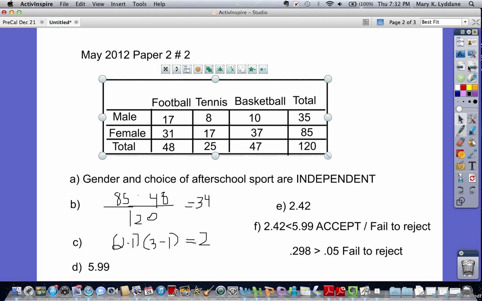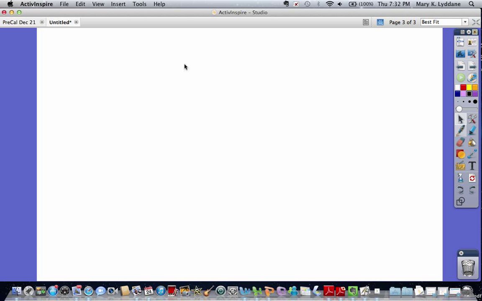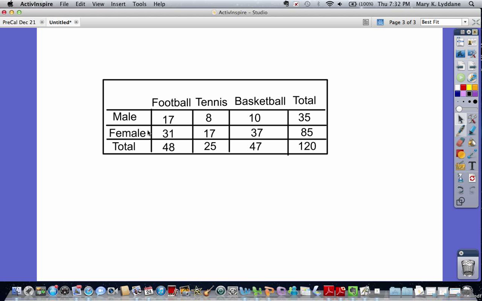Copy that and paste it. Often in paper 2, one problem will have a bunch of different parts and they'll be testing you on some different topics. So we just went through a chi-square test and now we're going to switch to probability.